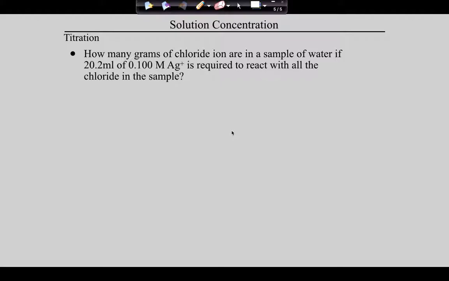You're given a sample of a solution. It's water. But guys, you know that there is chloride ion dissolved in this water. So you titrate it with a silver ion solution of known concentration. And the question is, how much chloride was in the sample?